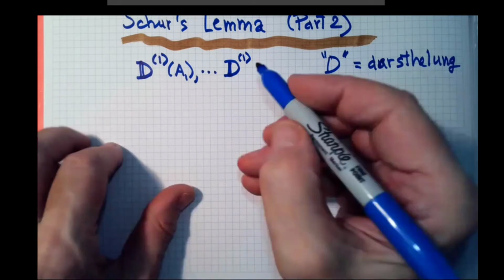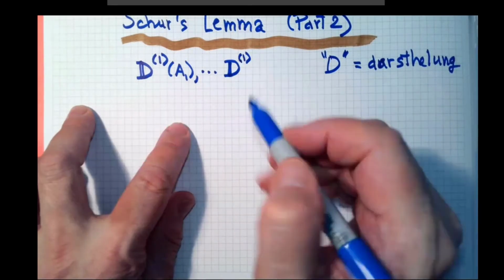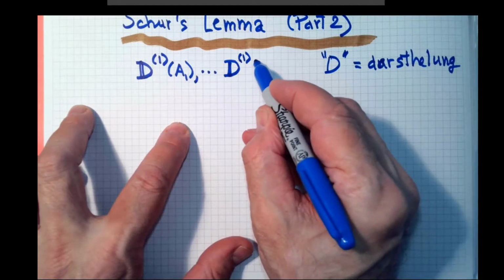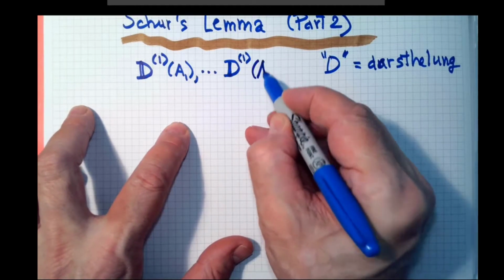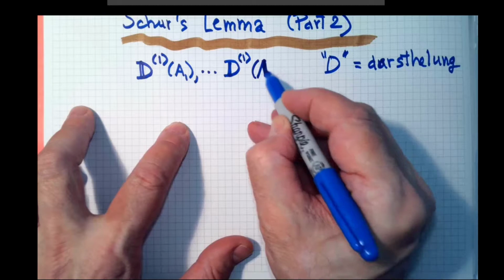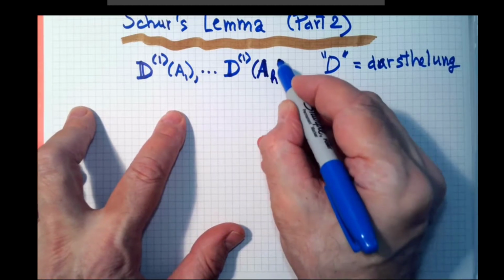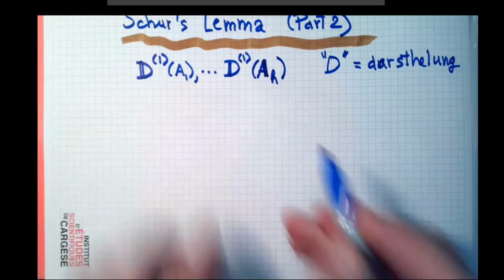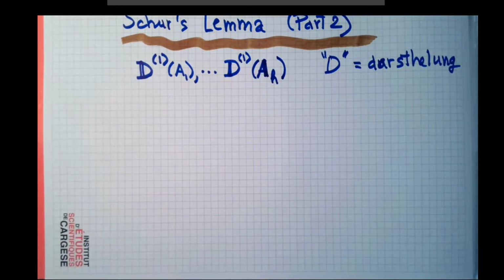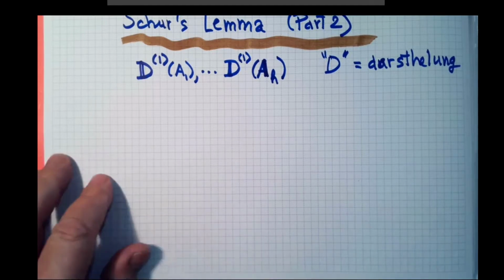So it's some representation 1 space, and the number of group elements, abstract group elements, is H. Abstract means they satisfy the multiplication table. Brackets means that I'm using some matrix representation, a D by D square matrix, which represents this.